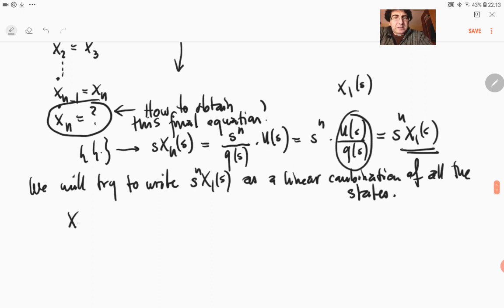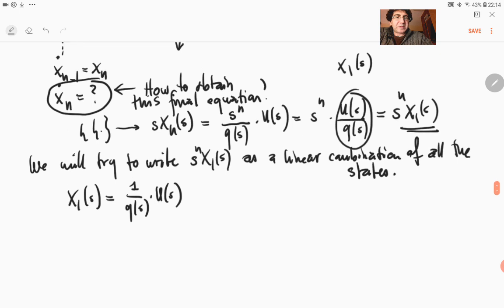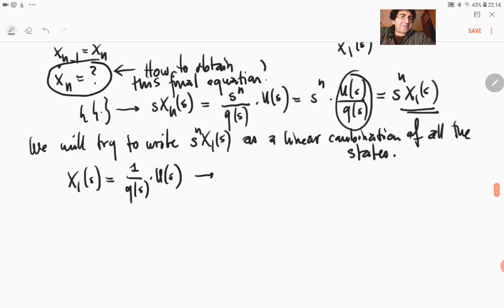Let us write the definition of our x1(s). That is 1 over Q(s) times U(s). And that means we have Q(s) times x1(s) is equal to U(s).